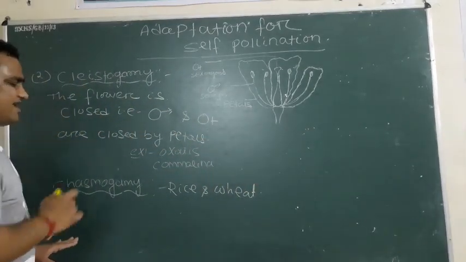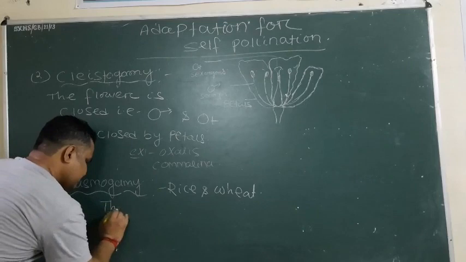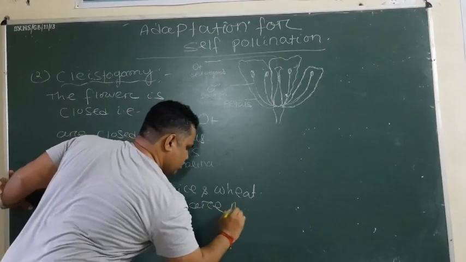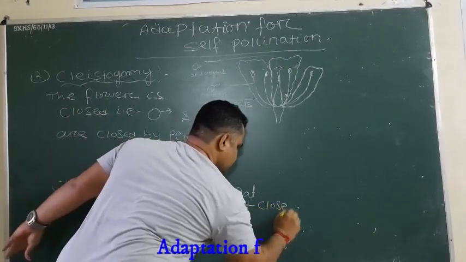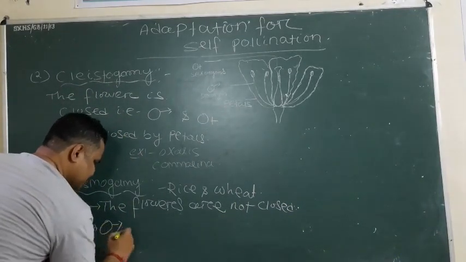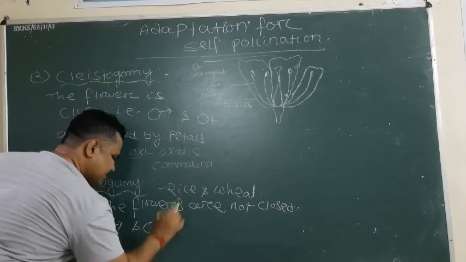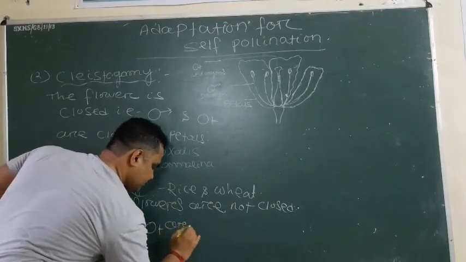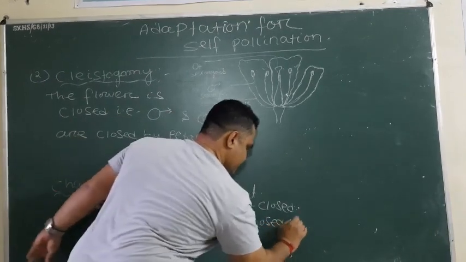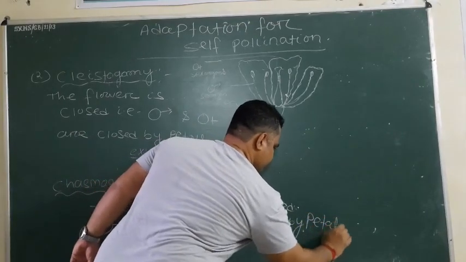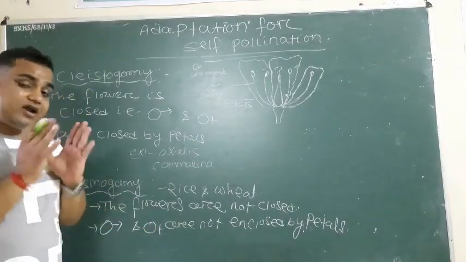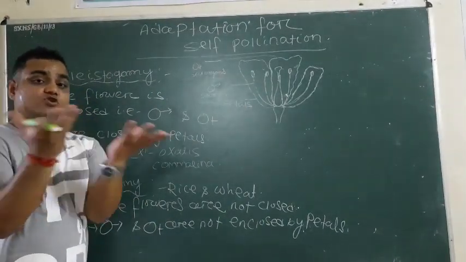In this case, what is actually happening? The flowers are not closed. That means the male and female sex organs are not enclosed by petals, so the flower is open type.